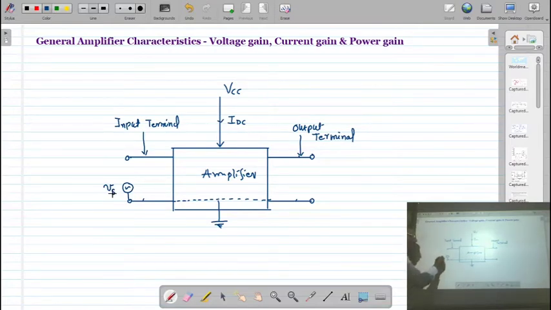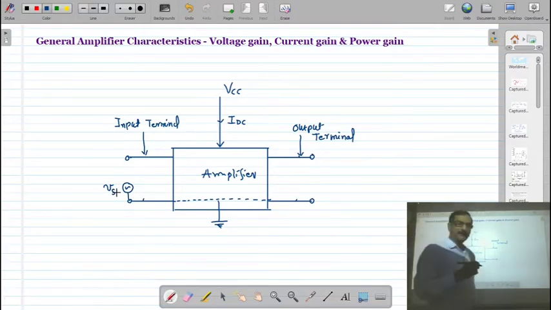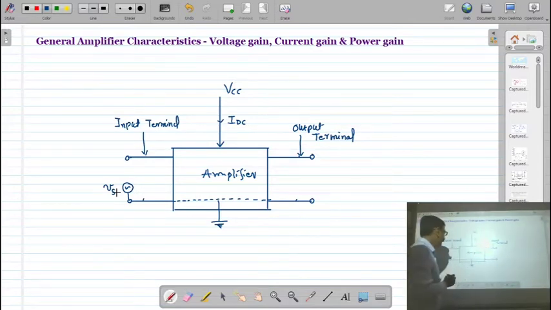So this is a source. And every source has some internal resistance that is known as the source resistance, and the source resistance is always connected in series with this source. And here we write this as Rs.